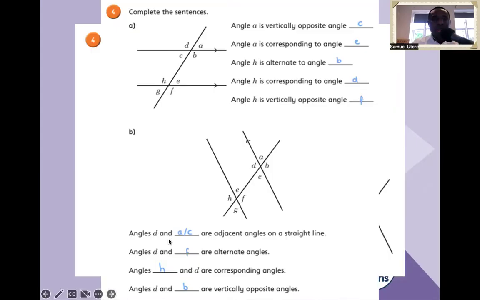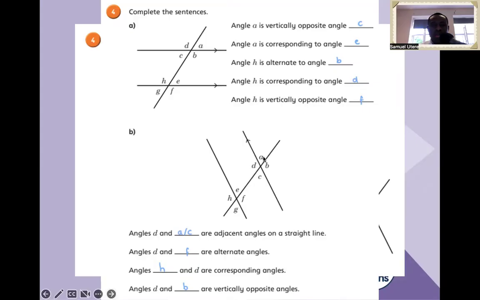Angle D and C and AFC are adjacent angles on a straight line. You can see it here.